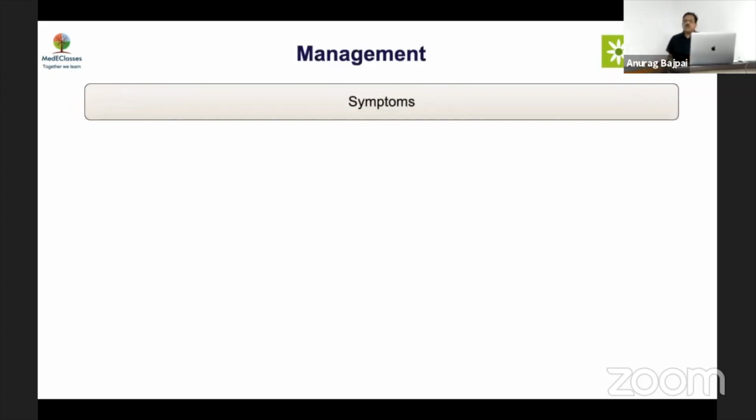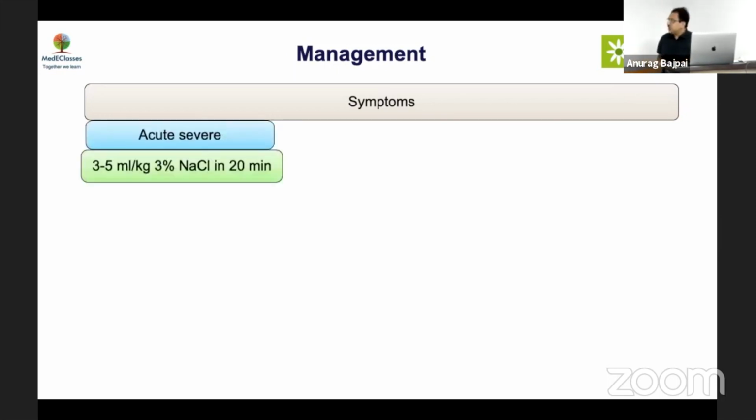Now, how do you manage hyponatremia? Only if there are severe symptoms will you treat. We had a gentleman with 113, he was fine. We did not give any 3% and he would have died if we had given that. So for acute severe, we have to give 3% saline and only to correct the symptoms. When you say acute severe, you're talking about somebody who is dying, somebody who's having seizures, somebody who's having a severe cerebral edema like picture.